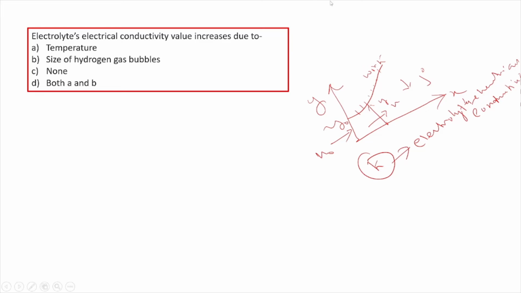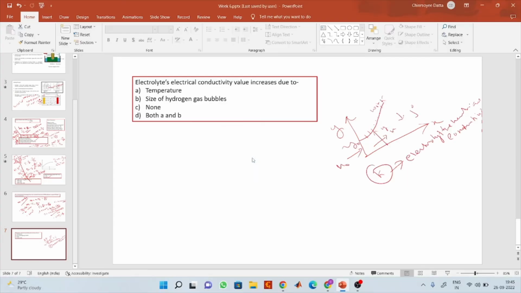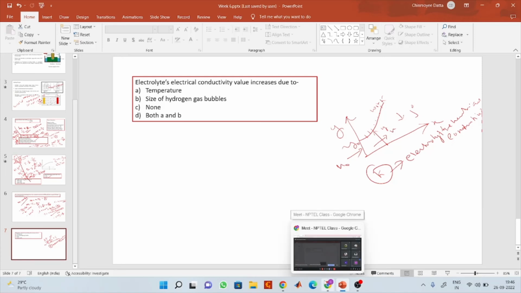So both effects, temperature and the size of hydrogen gas bubbles, together affect the electrolyte's electrical conductivity. Those are a few of the questions and derivations I have prepared to give a brief idea on this.